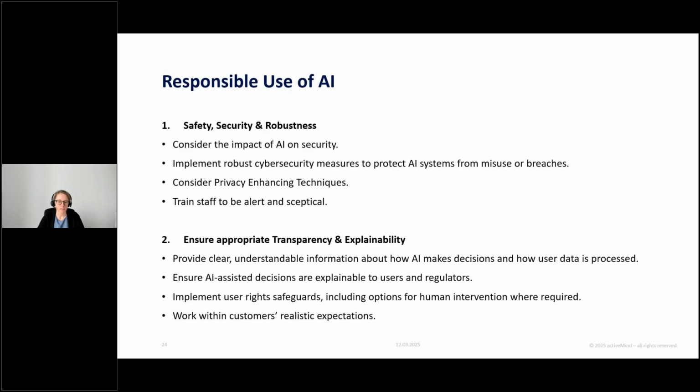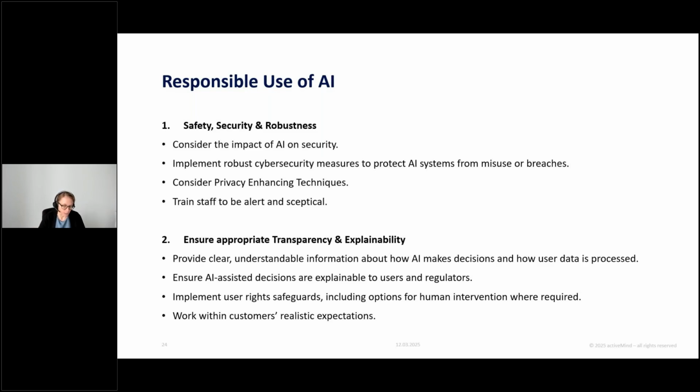Implement user rights safeguards, including options for human intervention where required. So don't rely just on the AI system or technology. And I always recommend to work within customers' realistic expectations.